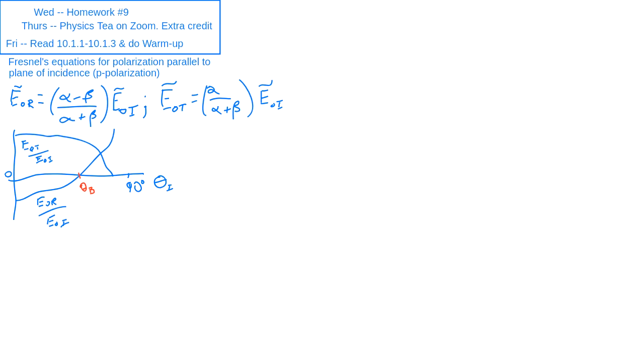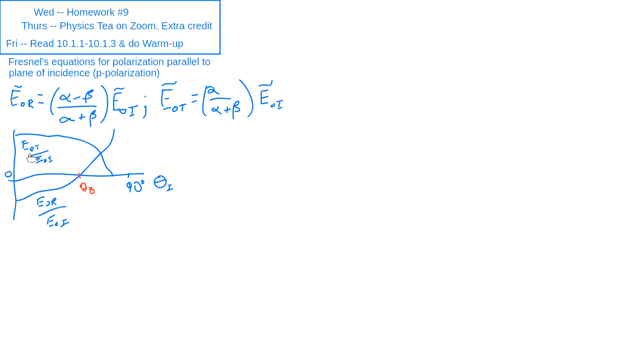So the plot looks something like this. When alpha is small, for relatively small angles of incidence, then for the right index of refraction combination, you'll get a minus sign in the equation for reflected amplitude. That means you get a phase flip upon reflection.